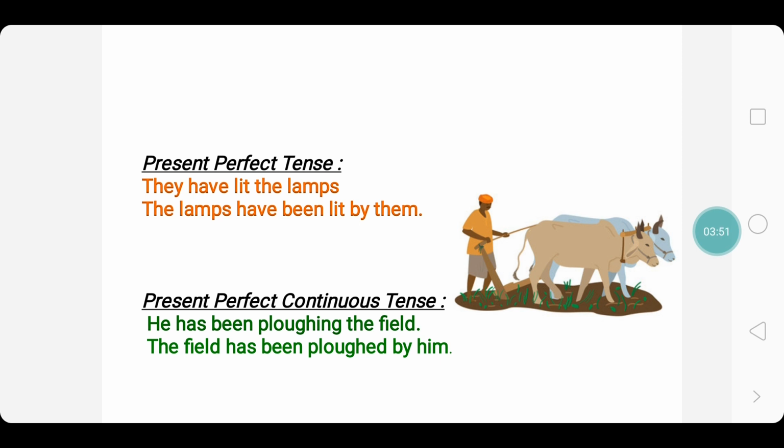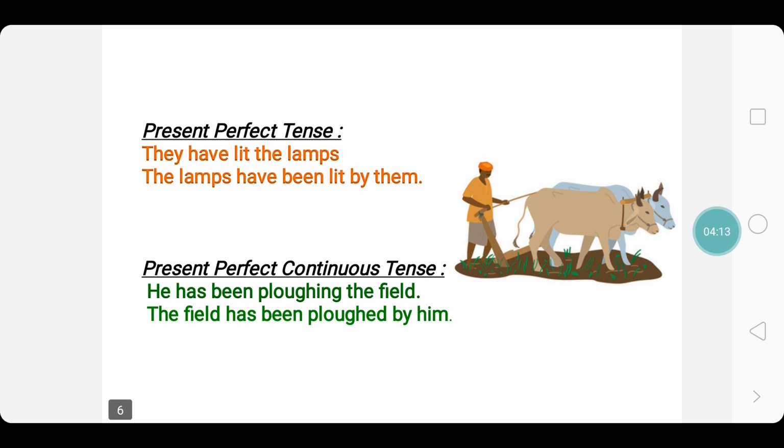This sentence gets converted this way. The field has been plowed by him. Now look children, the continuous tense cannot be denoted in the passive voice for present perfect continuous tense. Hence, the passive voice for present perfect continuous tense is present perfect tense only.